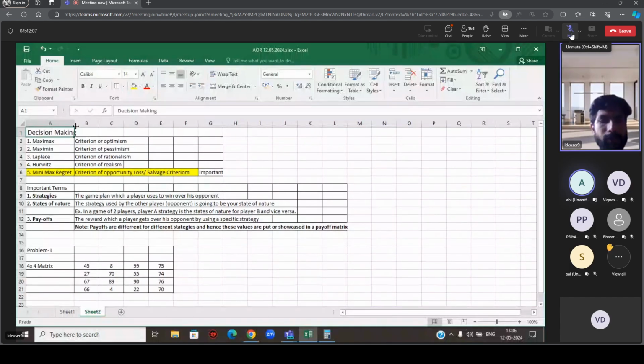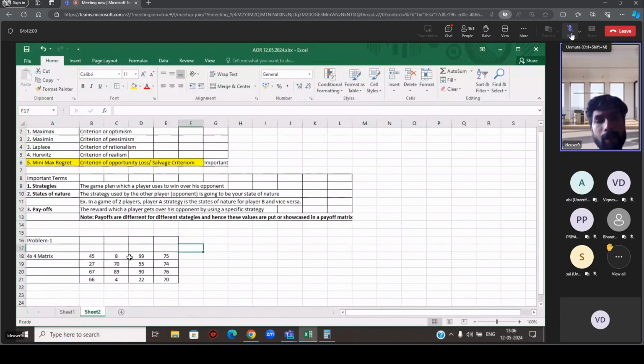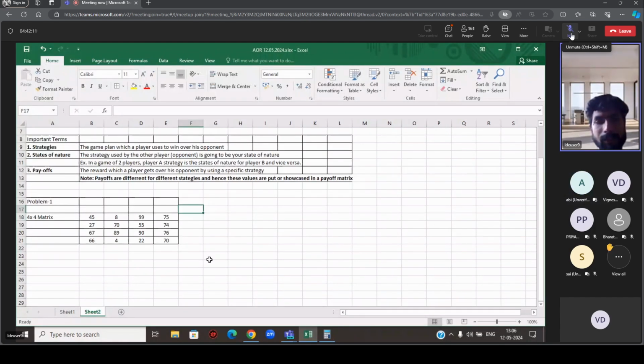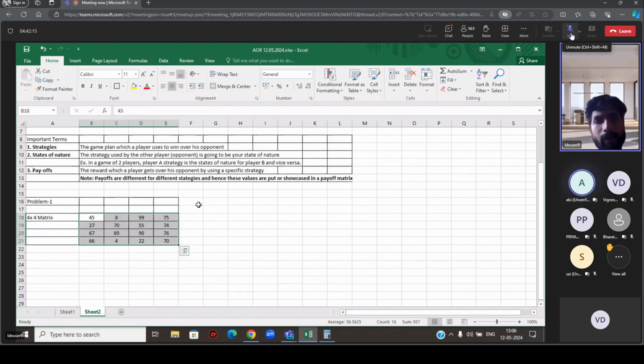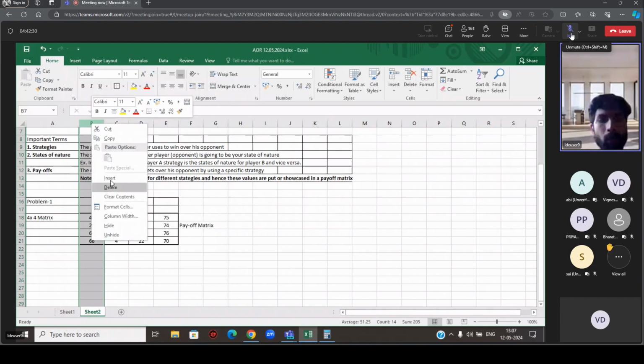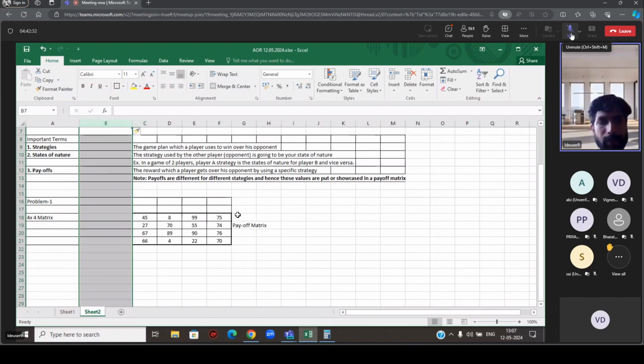Okay, so now this is the matrix. This matrix is called your payoff matrix. Now insert one more column here.